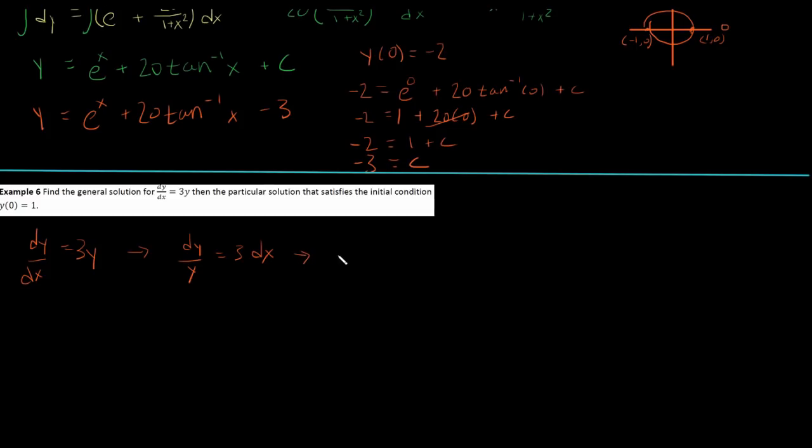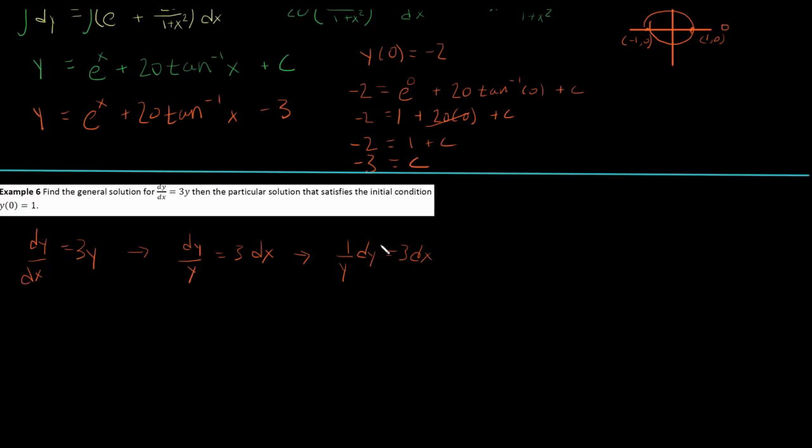So we're going to rewrite this as 1 over y dy is equal to 3 dx. Okay, this looks a little bit better.